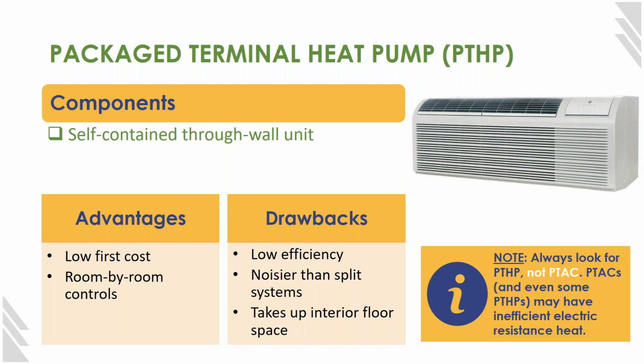Not a ton, but some. And in a packaged terminal heat pump, that compressor is inside of this unit, which is inside the apartment. So you have some amount of noise, which we've all experienced. If you've been to a motel or a hotel that had a unit like this, you turn it on and you can hear it, right? So we've all experienced that. And they take up interior floor space.